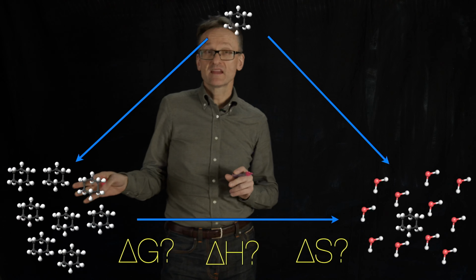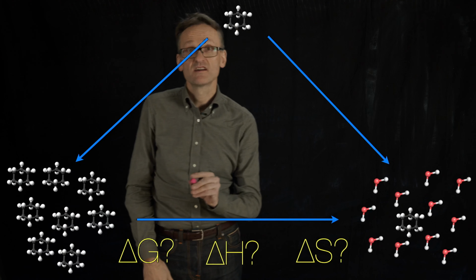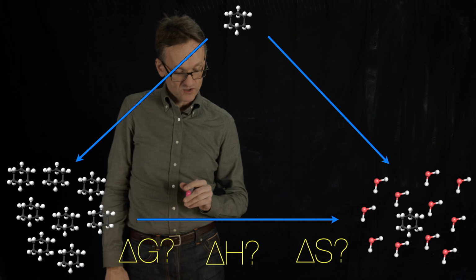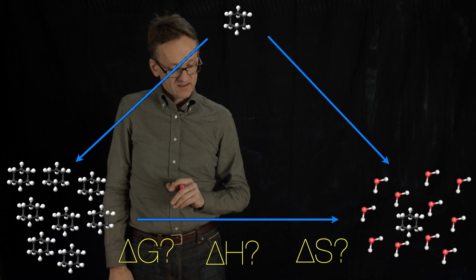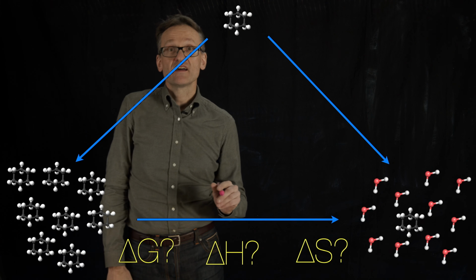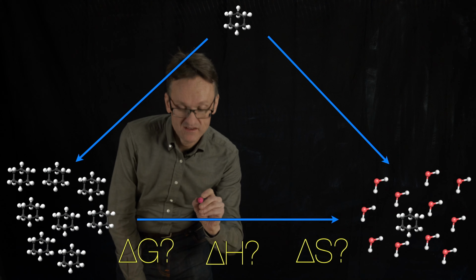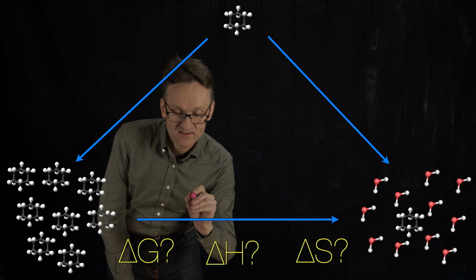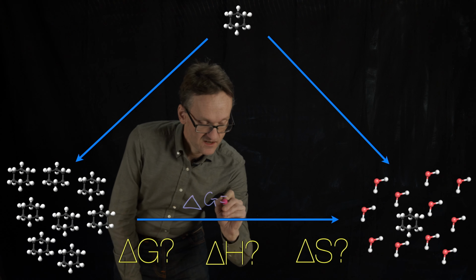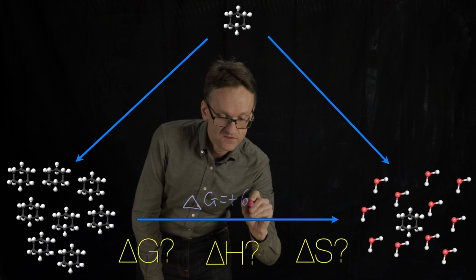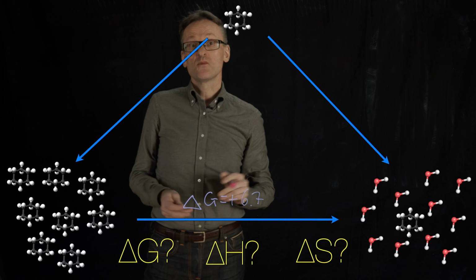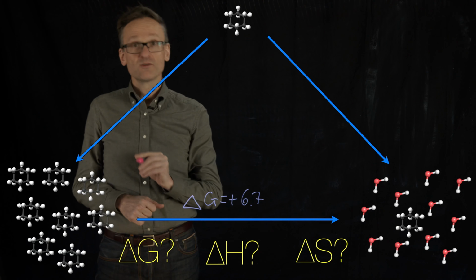So when we moved from the liquid phase to the aqueous phase, we knew what delta G was. And let's start by putting the delta G, so we have the total. I'll write that at the end here. So delta G here was plus 6.7 kcal per mole, but I'm not going to repeat that for all these.